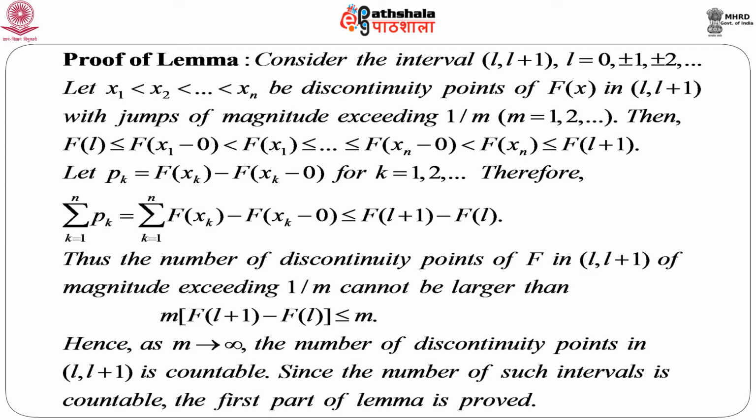Now, let us define p k as F of x k minus F of x k minus 0 for k equals 1, 2 and so on. Therefore, we can immediately get the summation of p k from k equals 1 to n, which is in fact less than or equal to capital F of L plus 1 minus capital F of L. Just a little bit of algebra using these two relations, we can get this.